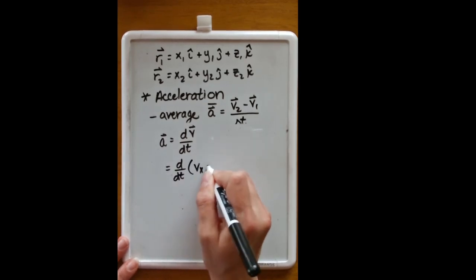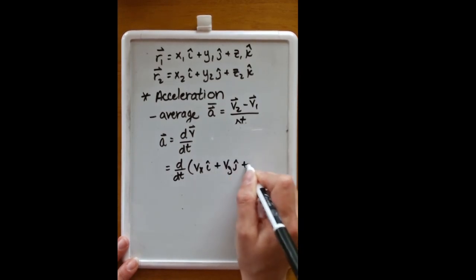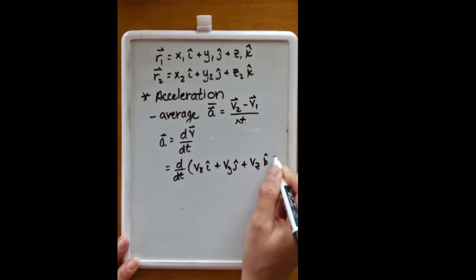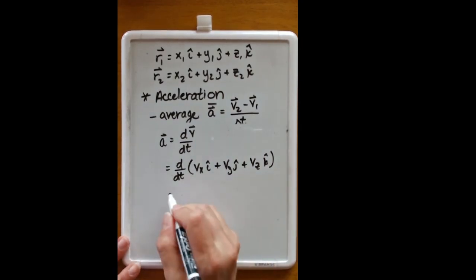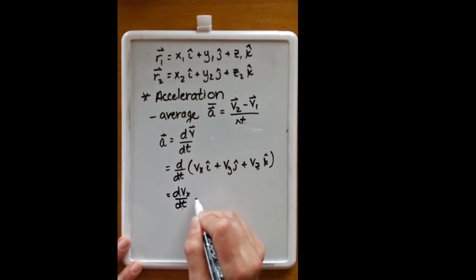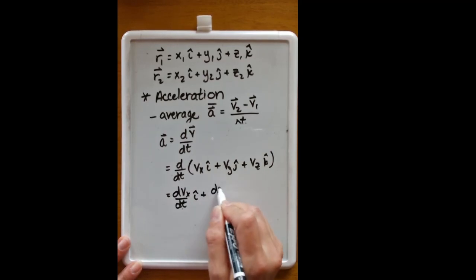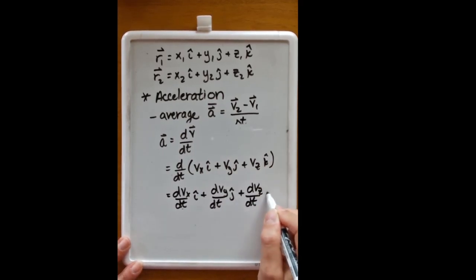We have vx in the i hat plus vy in the j hat plus vz in the k hat, and we would take the derivative with respect to time of that quantity. So we have dvx/dt in the i hat plus dvy/dt plus dvz/dt in the k hat.